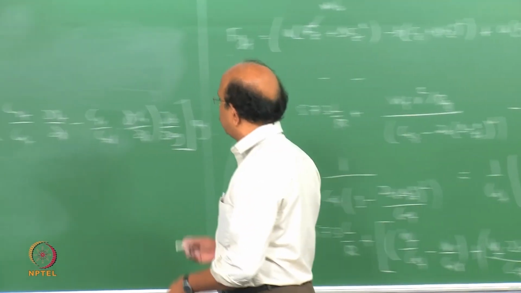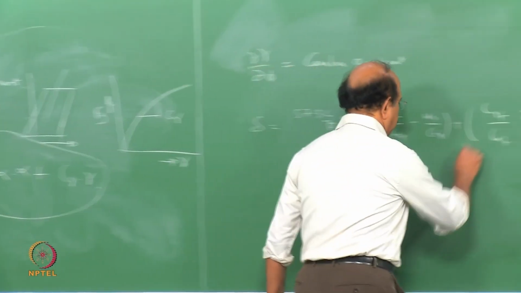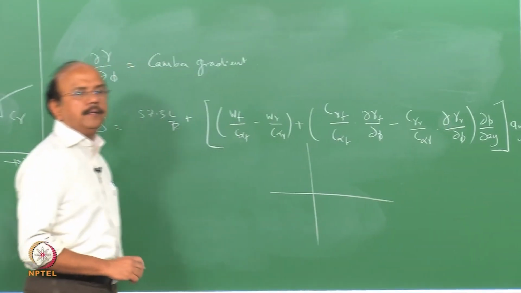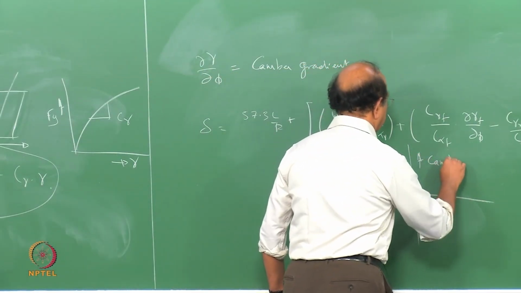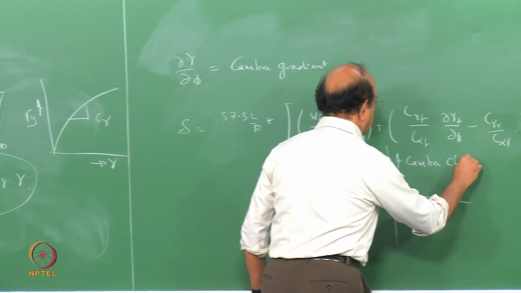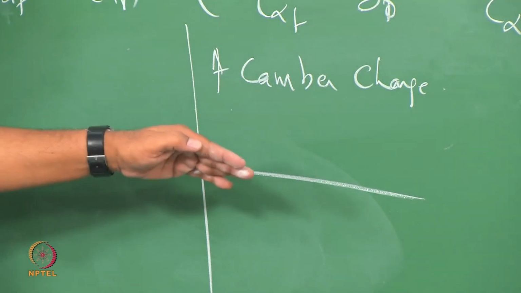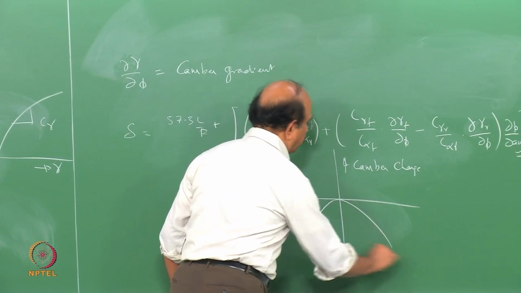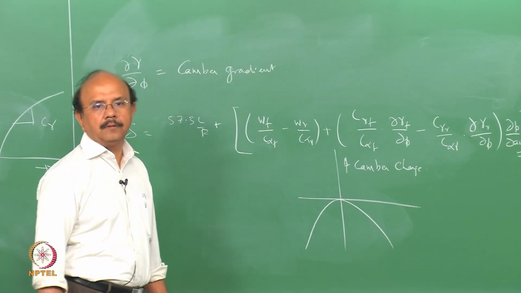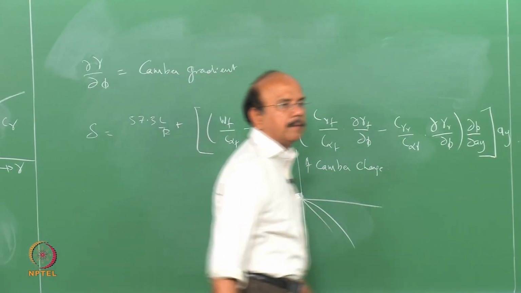The problem is that many times this gradient is not linear. So if you now really look at how the camber changes and plot this graph, with the tire going up and in, the graph may not be like this, maybe something like this, or the other way about, and so on.